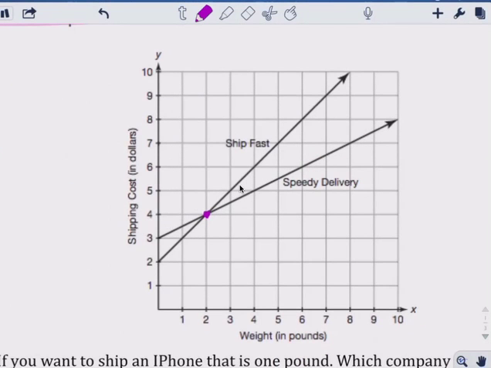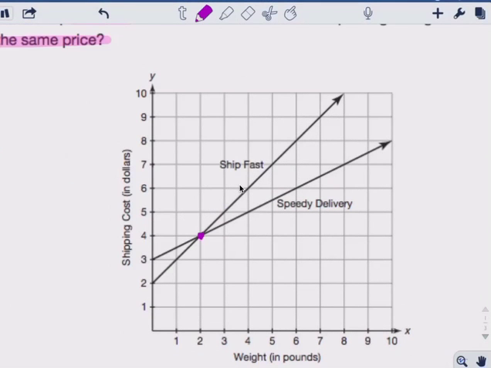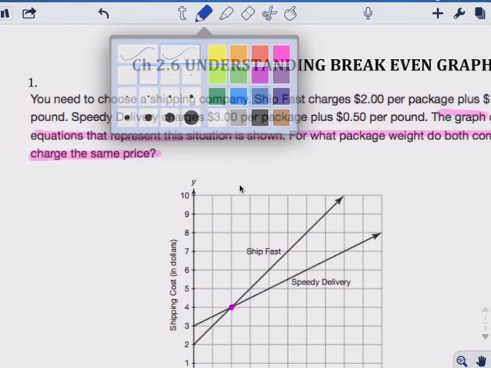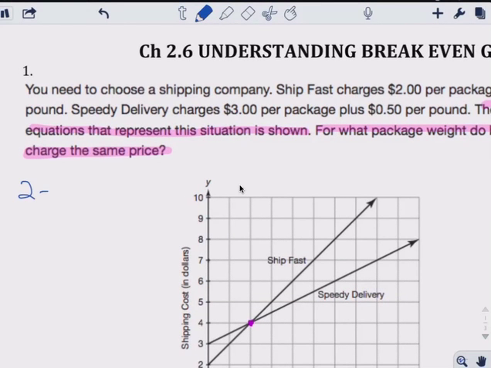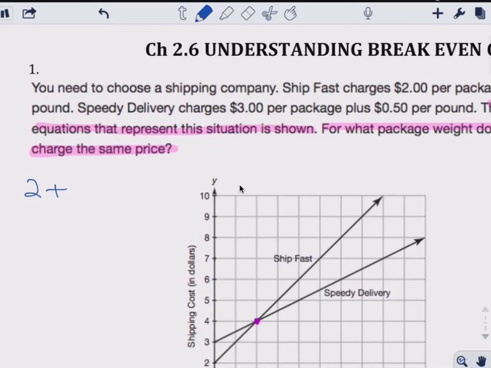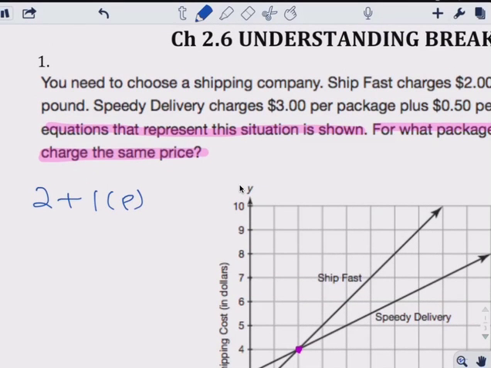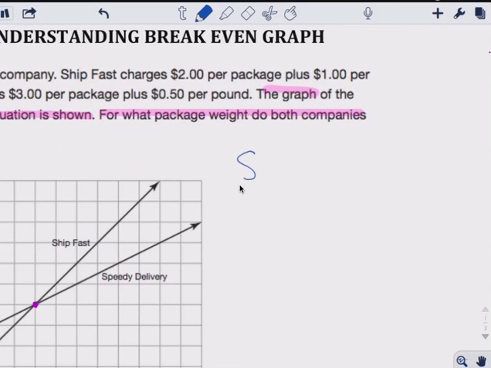Okay, how many pounds is that? 2. This is 2 pounds. Let's do it mathematically. A lot of you guys got the mathematical part. It's $2 per package plus $1 per pound, right? This is Ship Fast, correct? And the other company is Speedy Delivery.